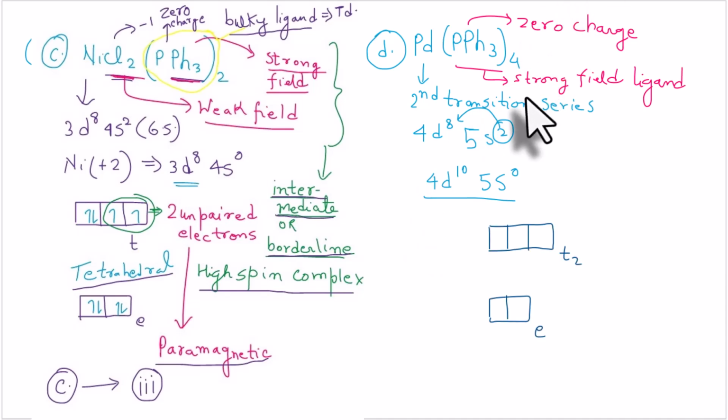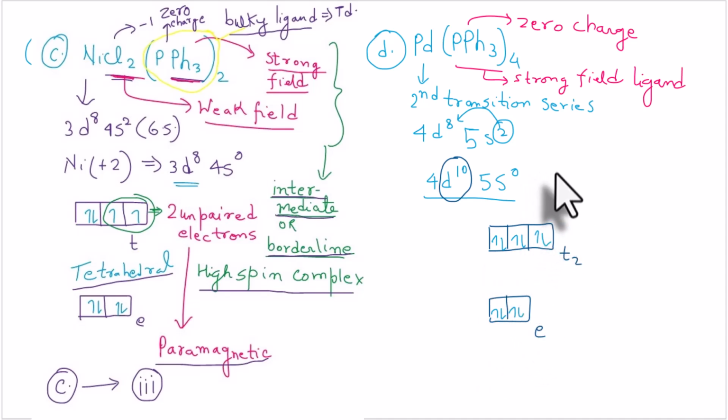In any case, whether paired or not paired, we have a d10 configuration, and that is interesting that all the d electrons are complete, and that is why the d orbitals will be completely filled. So we have a complete saturated d orbital situation. We have 10 d electrons and all the e and t2 orbitals are completely filled.